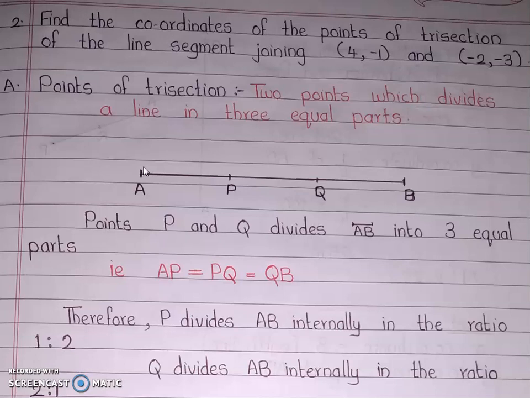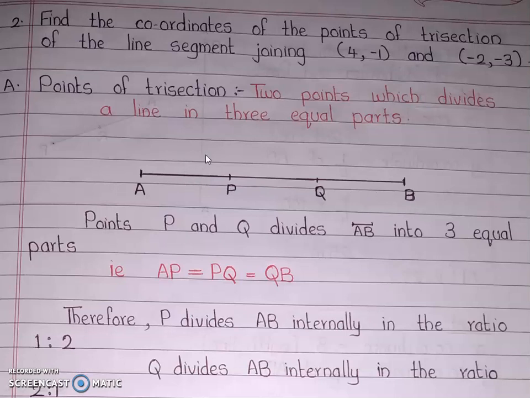Here you can see that I have drawn a line segment AB and I have marked P and Q at equal distances from A and B. Now these 2 points P and Q divide the line segment AB into 3 equal parts. That means AP is equal to PQ is equal to QB.